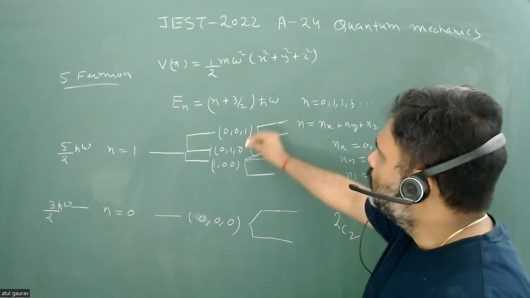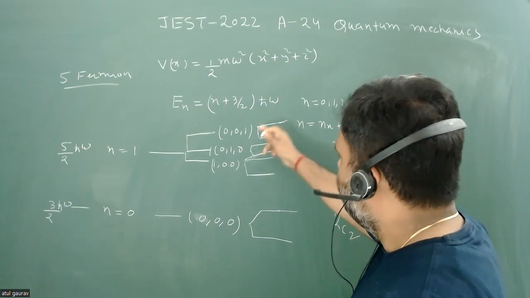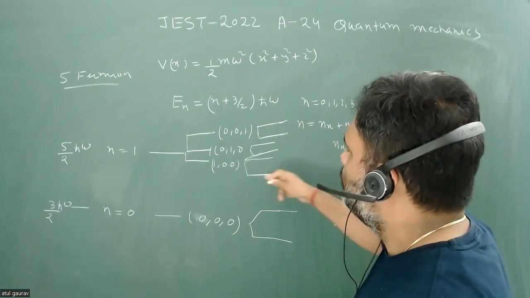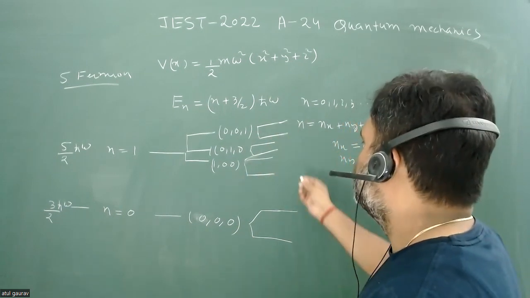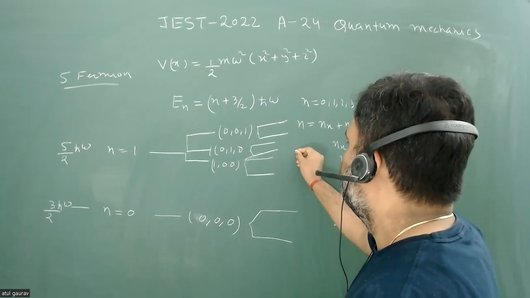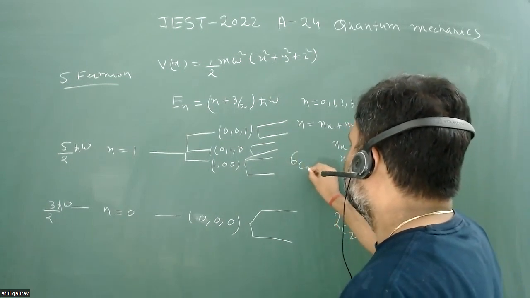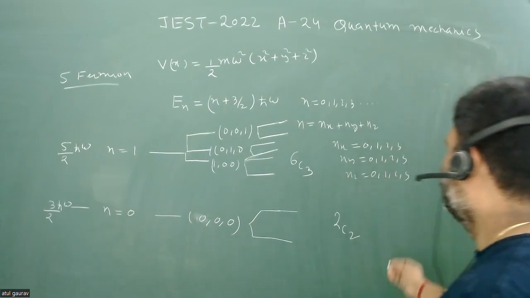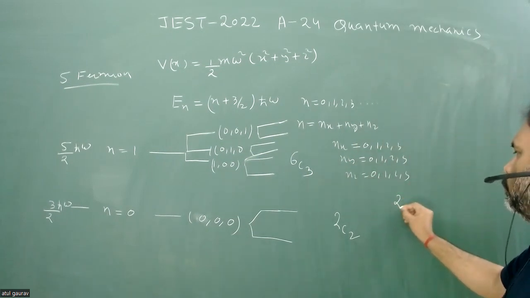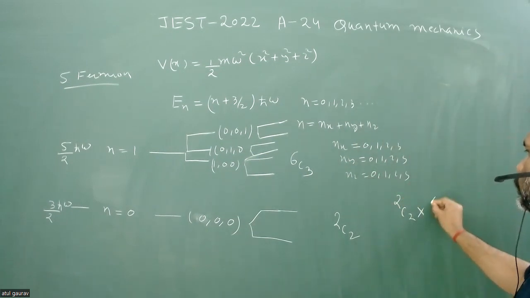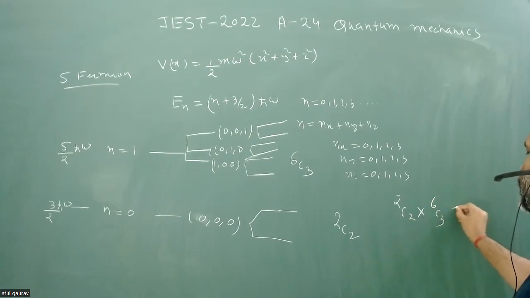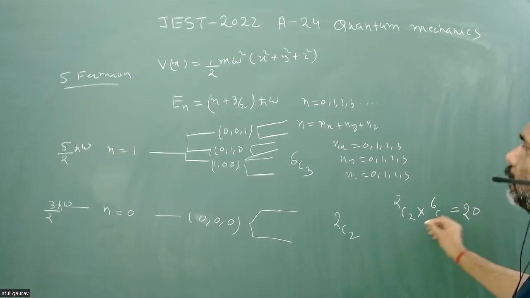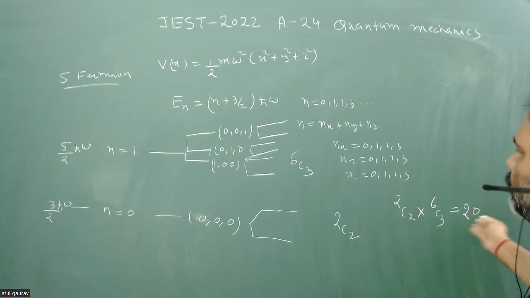Now the remaining 3 fermions have to be accommodated into these 6 quantum states, and this can be filled in 6C3 ways. So the total number of ways is 2C2 times 6C3, and that value is 20. So if you calculate, this is 1 and this value is 20.